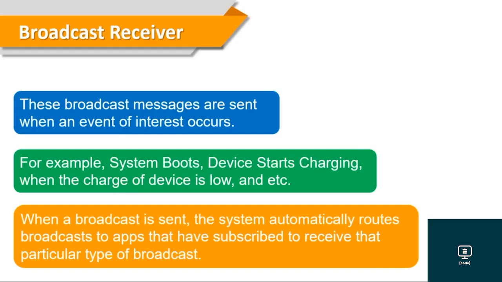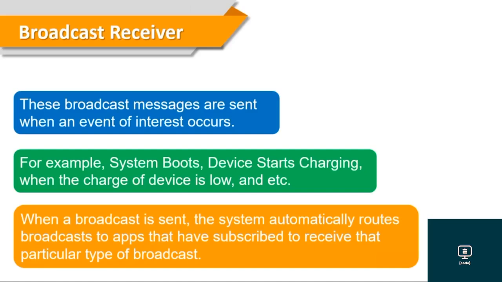And when the device battery is low, the Android operating system will send a message to your application. That's why it's called a broadcast message. Or if you want your application to know when the device is connected to Wi-Fi, you can subscribe your application to that system event. And whenever the device is connected to Wi-Fi, the Android operating system will send a broadcast message to your application.